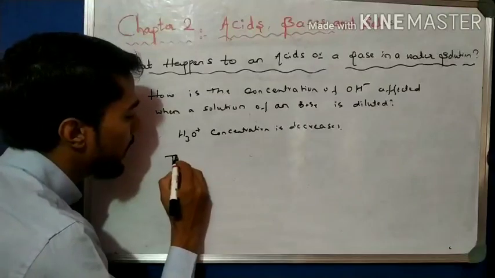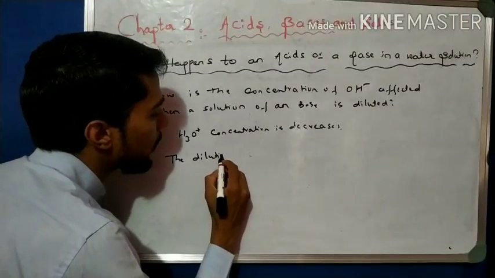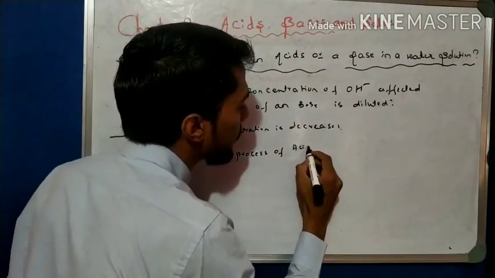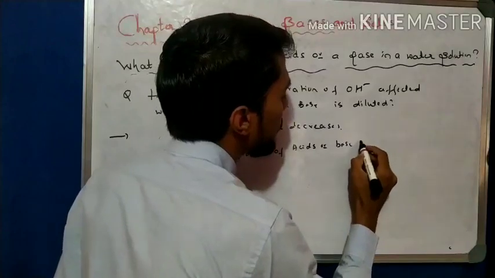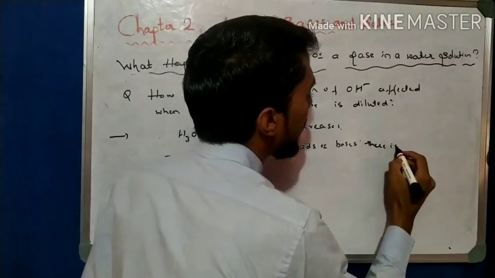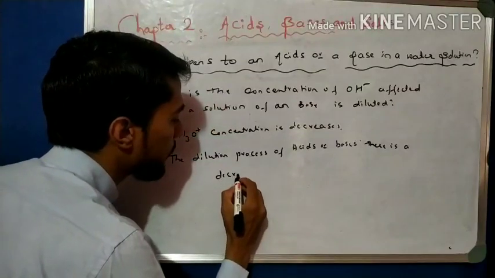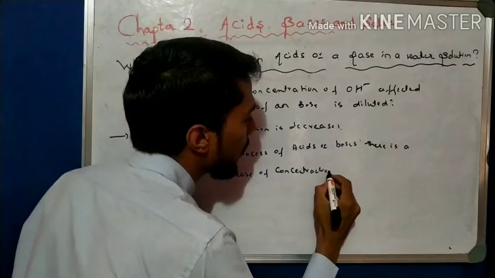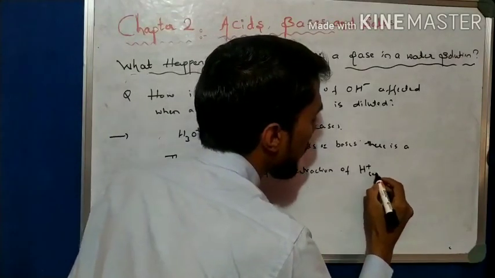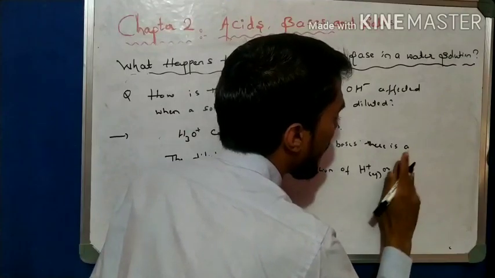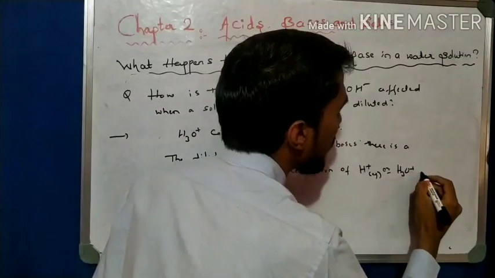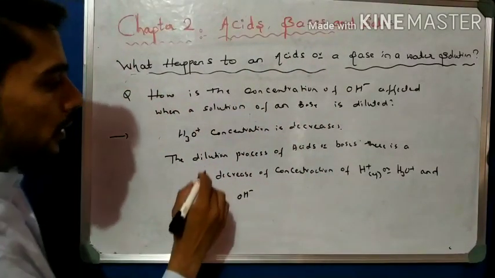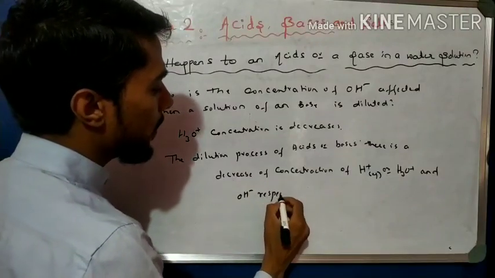I write here: in the dilution process of acids or bases, there is a decrease of concentration of H plus aqueous or hydronium ions and OH minus ions respectively.